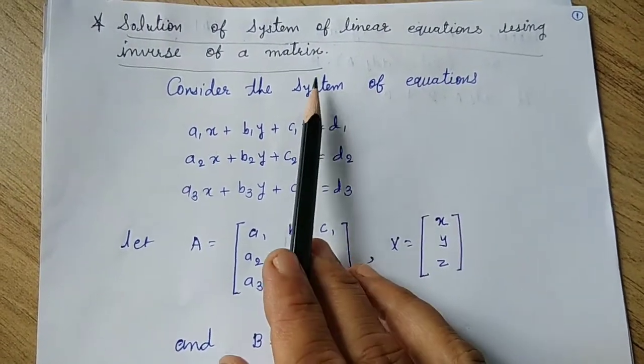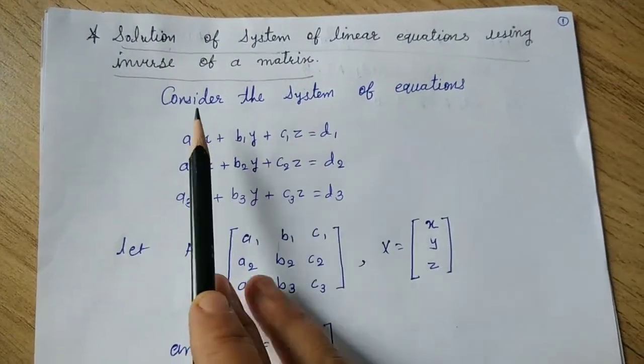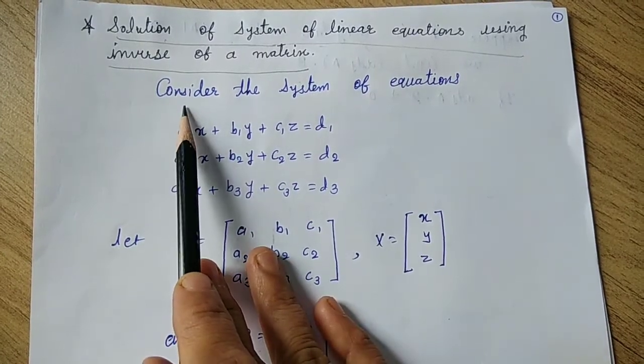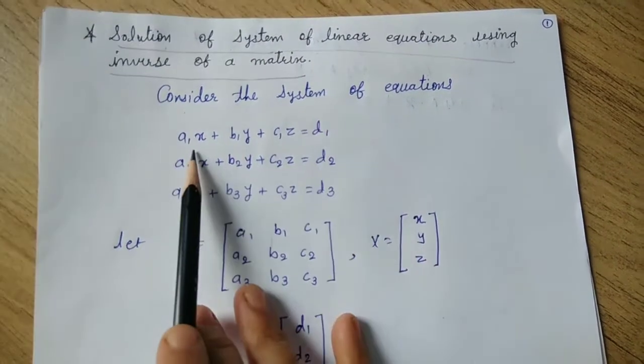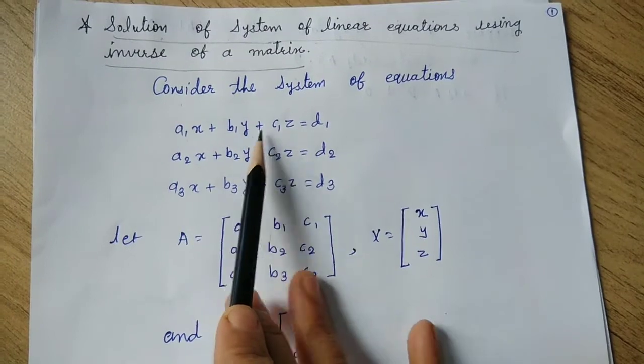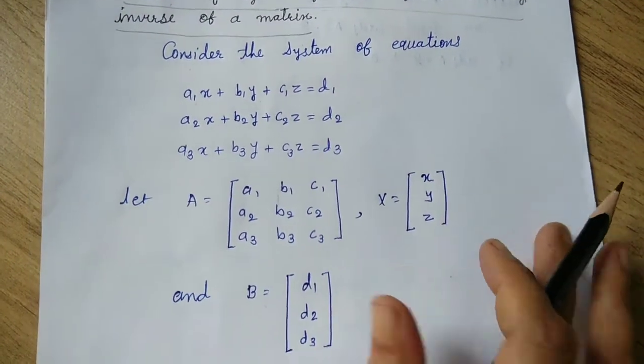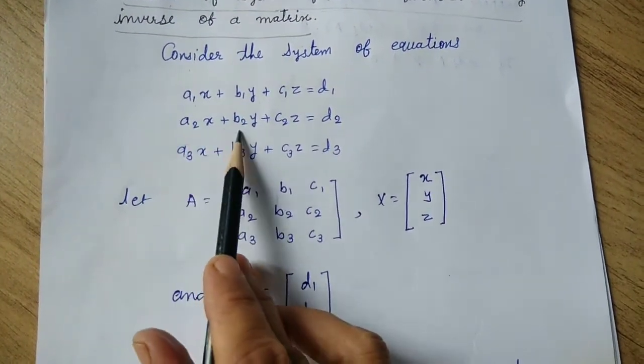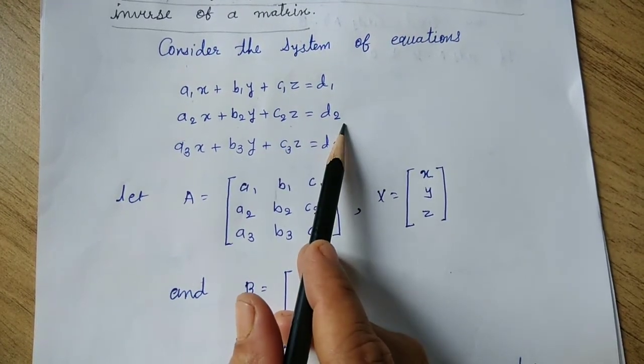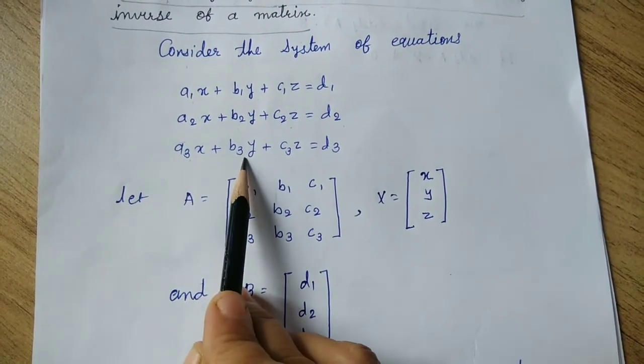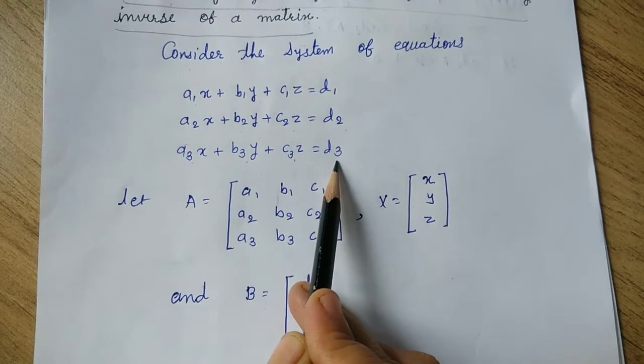Let me see what the method is. We are considering the system of equations: a1x + b1y + c1z = d1, then a2x + b2y + c2z = d2, and a3x + b3y + c3z = d3.